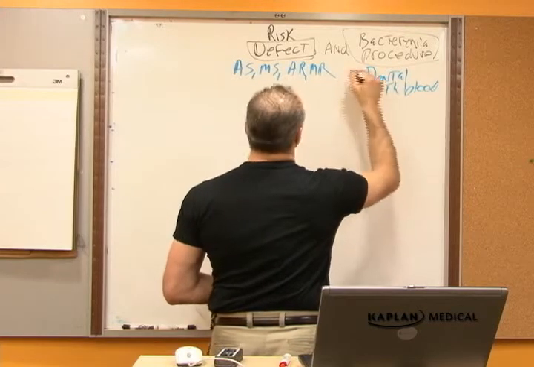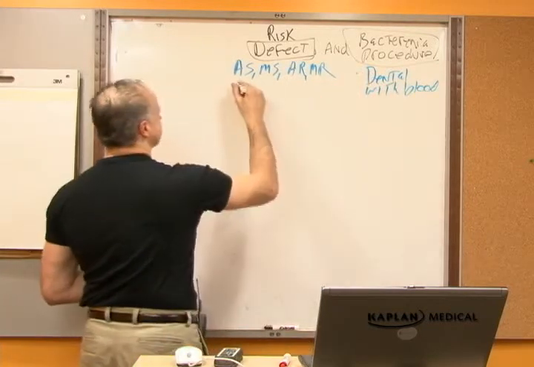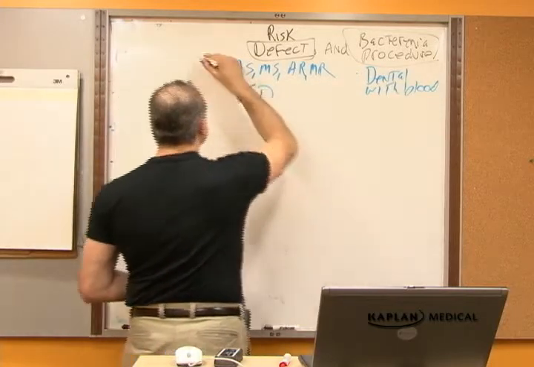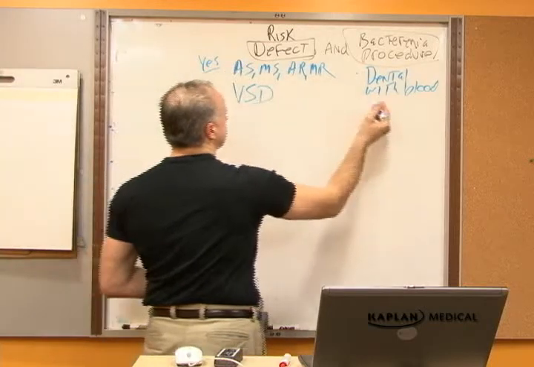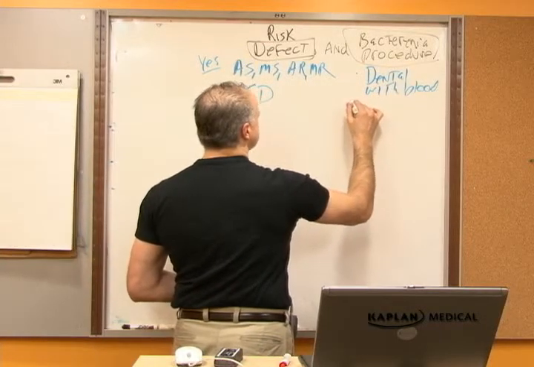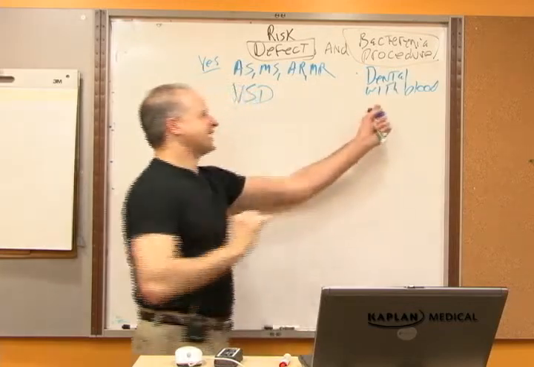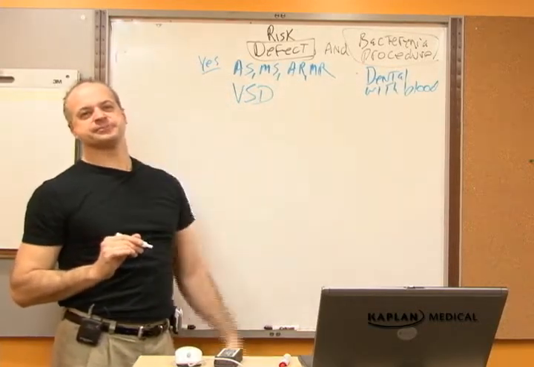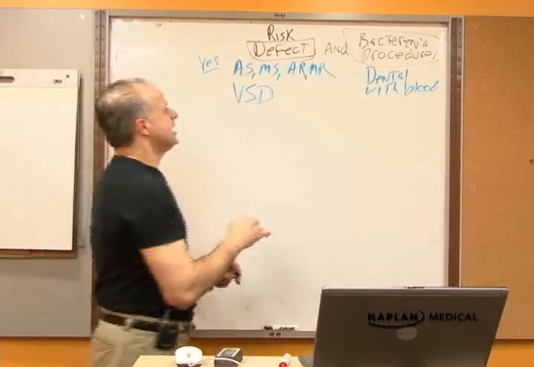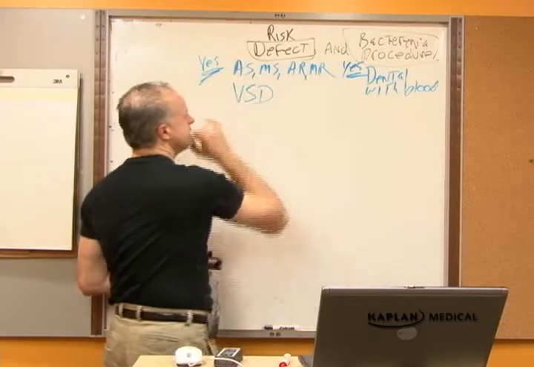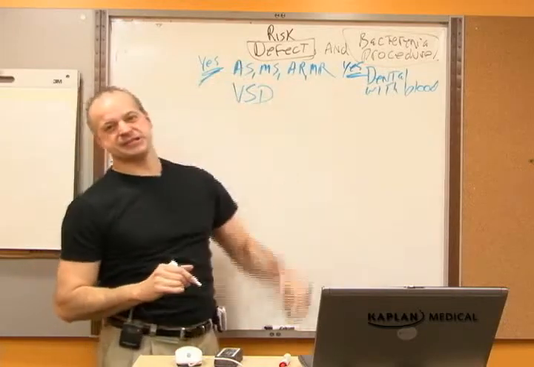Or a significant defect like a ventricular septal defect, and you must undergo a bacteremia-causing procedure, such as a hemicolectomy or cutting the GI tract or the respiratory tract. It has to be both things: a significant bacteremia and a significant anatomic defect.